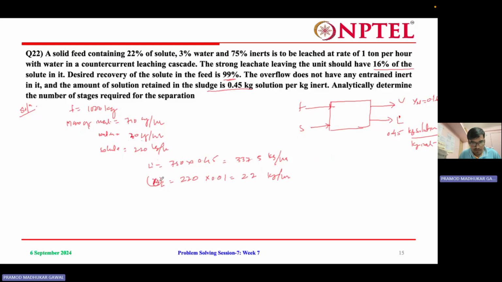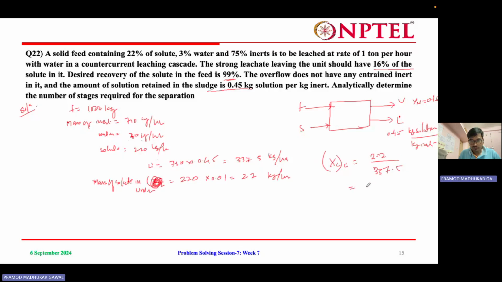Mass of solute in the underflow is 2.2, so solute concentration X C is 2.2 divided by L, the mass of underflow, 337.5.